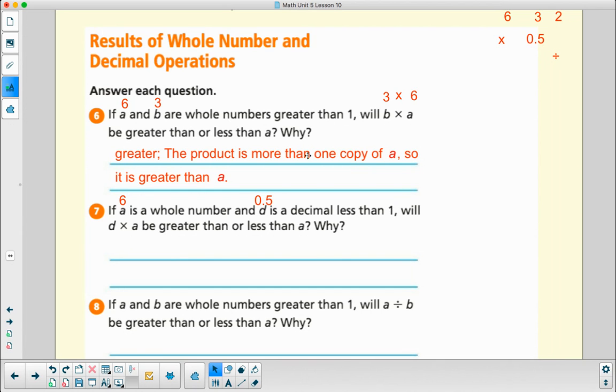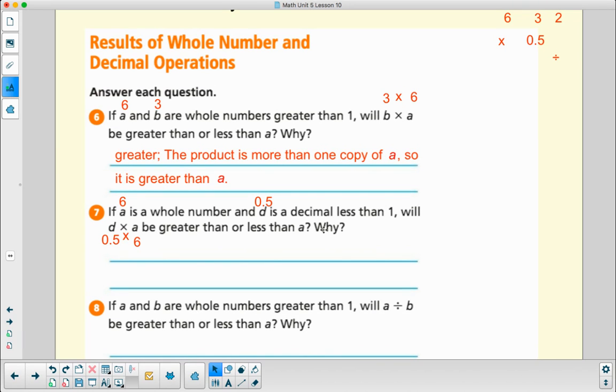Will D multiplied by A, 5/10 multiplied by 6, be greater than or less than A? So see if you can figure that out and then play the video.